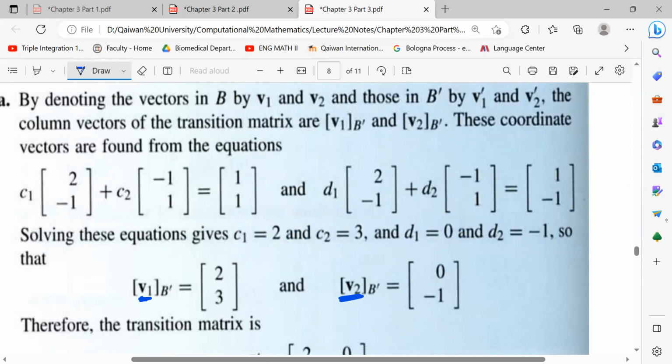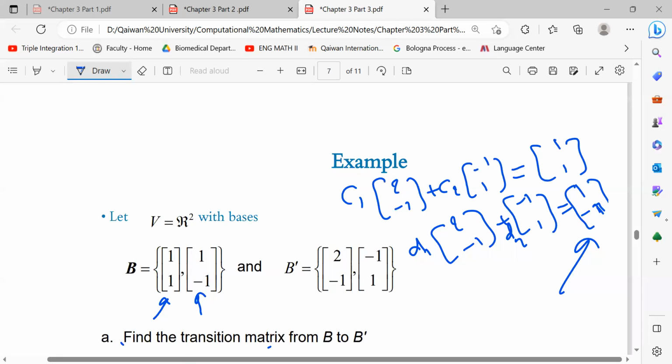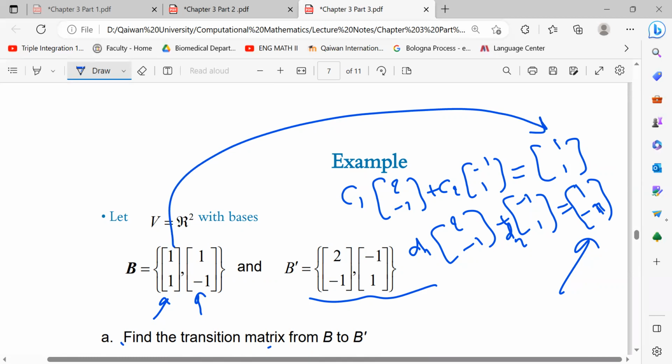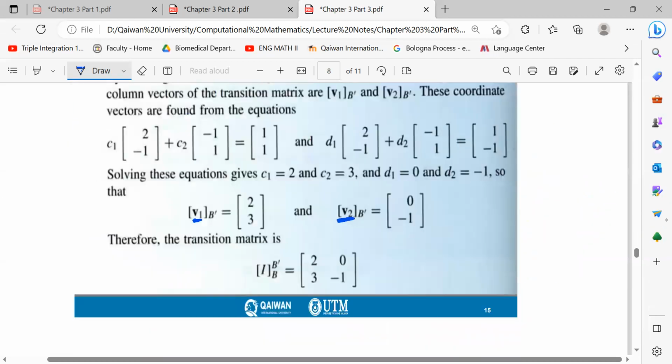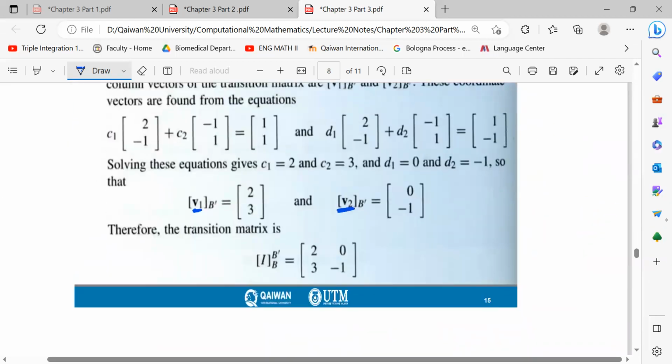Look what we did. When we set this equal to the first vector, we get two values, C1 and C2. So these two, C1 and C2, are the coordinates of that vector. The values of the constants that you get here are the coordinates of this vector. That means V1 and V2, I mean their coordinates relative to B dash, are these two.